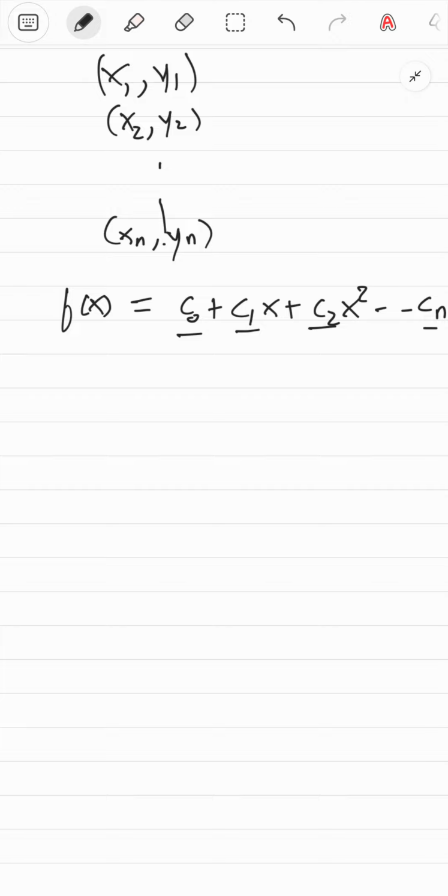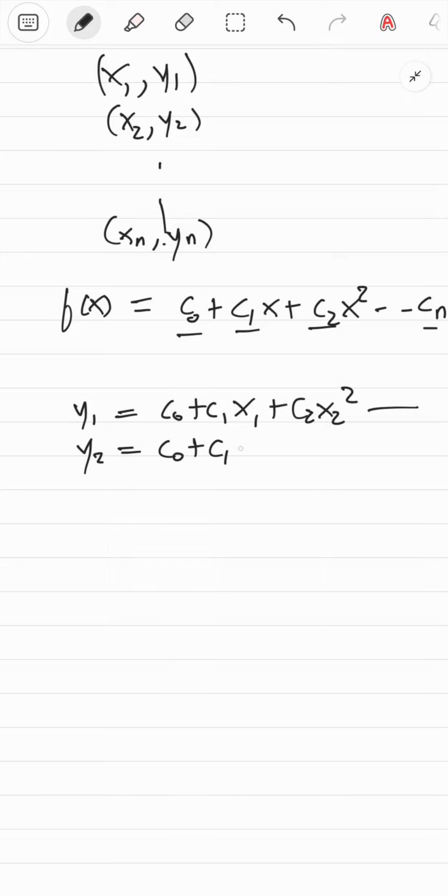So initially you start off with an unknown degree, of course, but then if you got, let's just say 3 points, then you can write this thing: y1 equal to c naught plus c1 x1 plus c2 x1 square, and so on, and then y2 equal to c naught plus c1 x2 plus c2 x2 squared, and so on, right? And y3 equal to the same stuff.